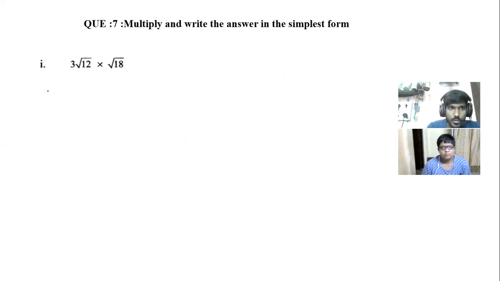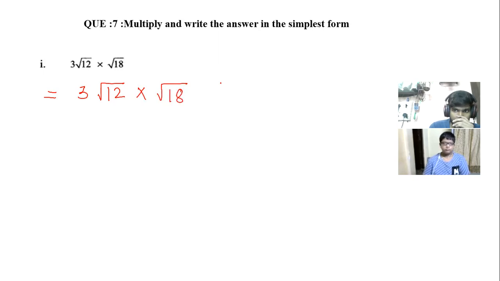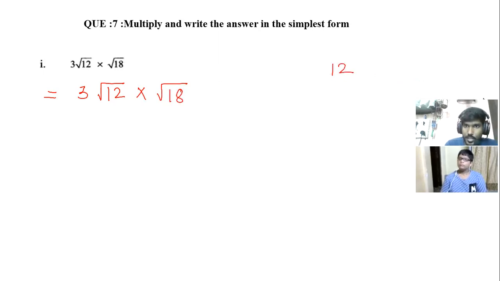So 3 root 12 into root 18. First you find the simplest form of root 12 by finding out the prime factors. So 2 6s are 12, 2 3s are 6, 3 1s are 3.